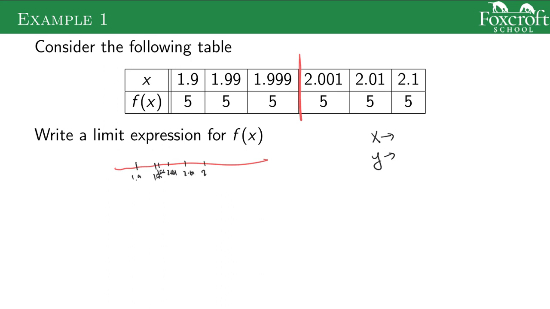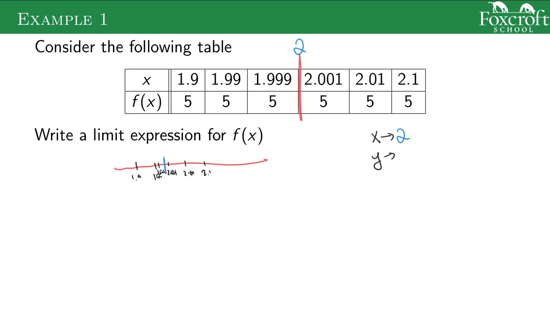So you can see right in the middle here, they're all converging to the same place. And what's between 1.99 and 2.01? That's going to be 2. So 2 is right in the middle here. That's where our x values are getting close to.